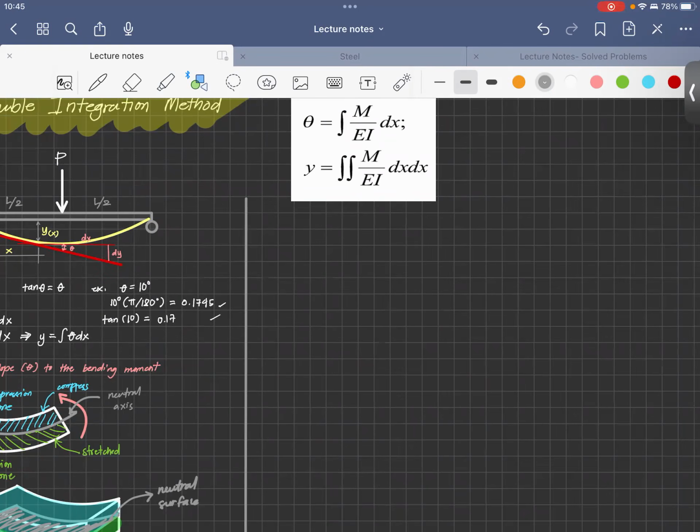So let's draw a beam. This is the x-axis.